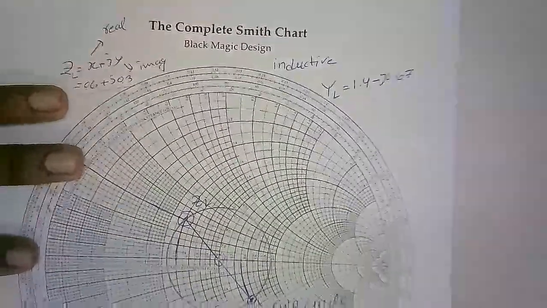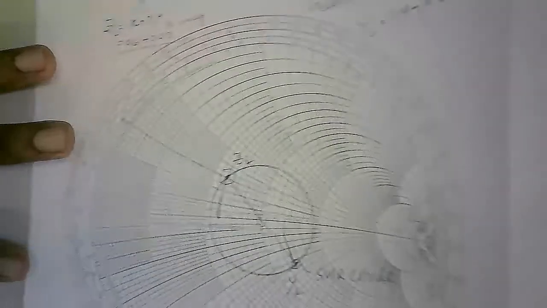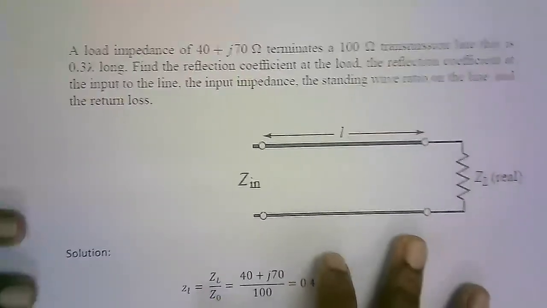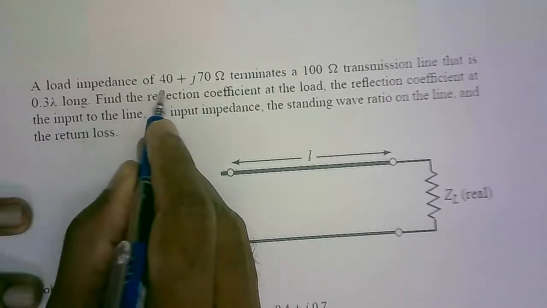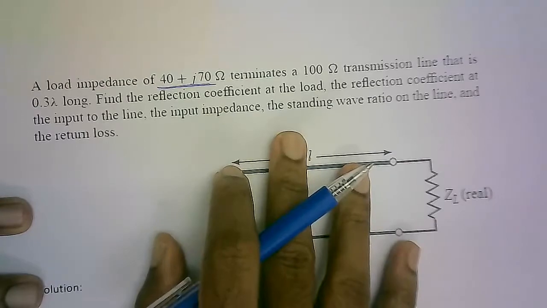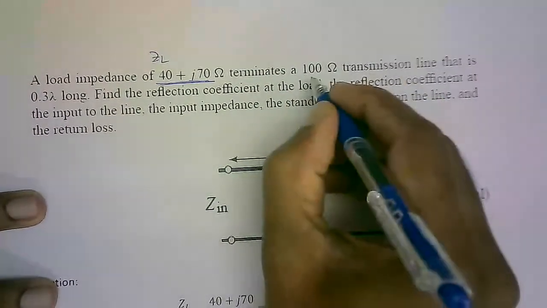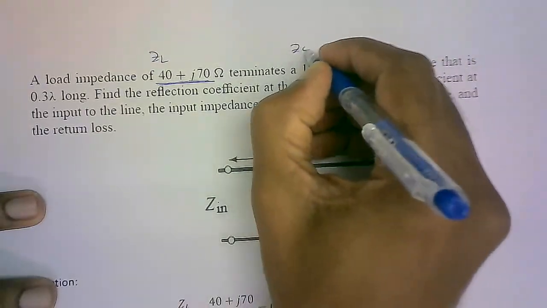So we move on to solve a problem first, and then of course you will understand how the things work. The problem here is this one. The problem says that a load impedance of this, means this is ZL, terminates a 100 ohm transmission line, means this is Z0.